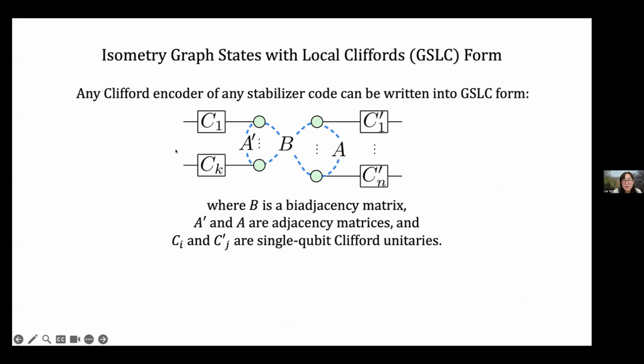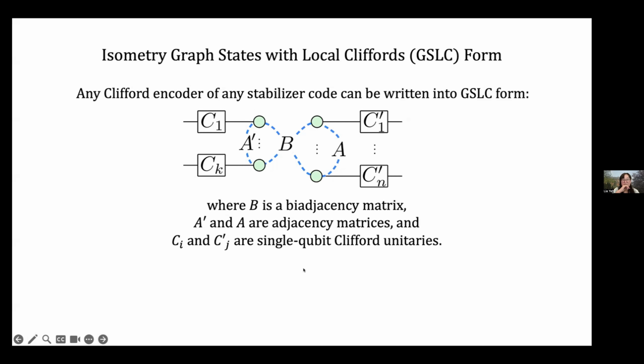Let's just say local Cliffords. And there's going to be a bipartite graph between the input and output Z spiders, these two layers. And there are also going to be CZ edges. The A prime and A adjacency matrices determine those CZ circuits on the K input qubits and the K output qubits.